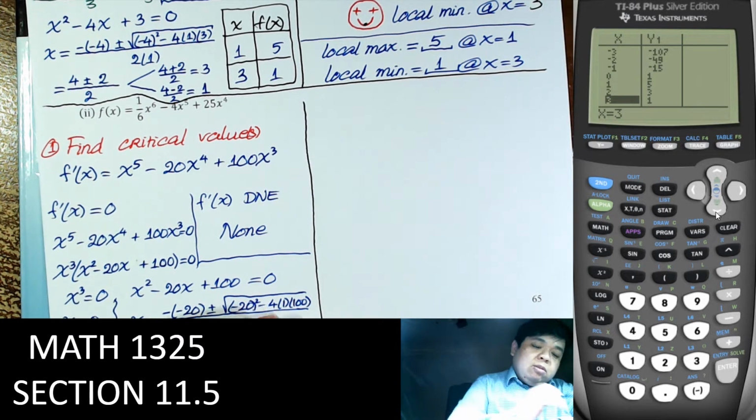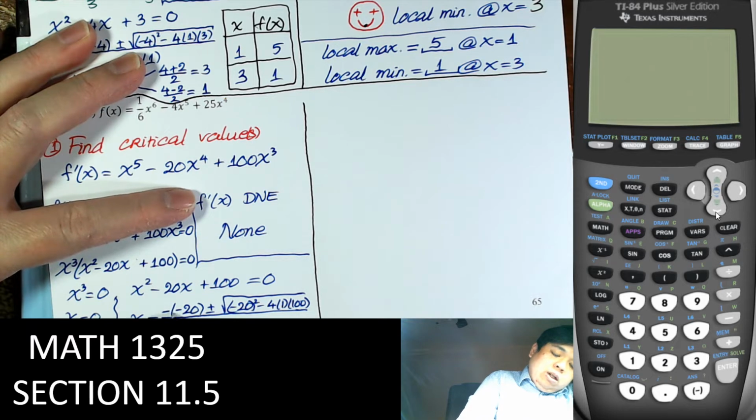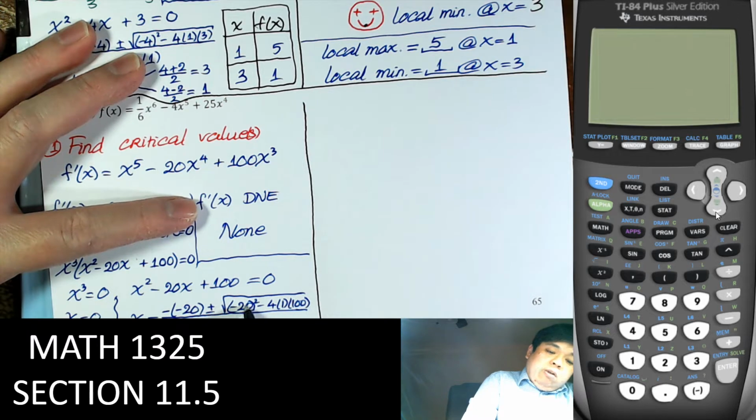And that, so that's just 0, so x equals 20 plus or minus the square root of 400 minus 400, so 0. So we only have one, that is 10.